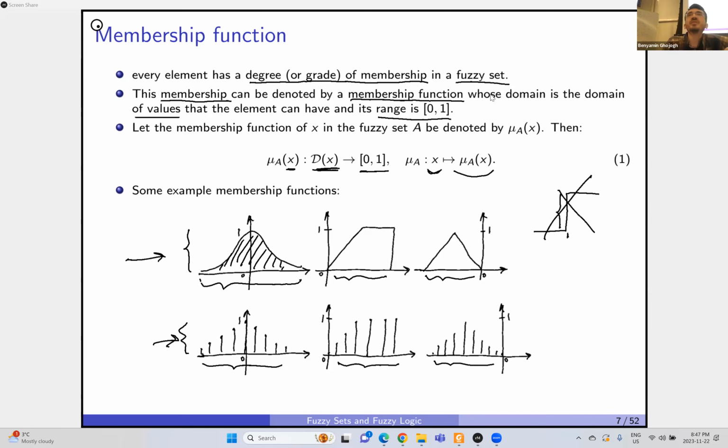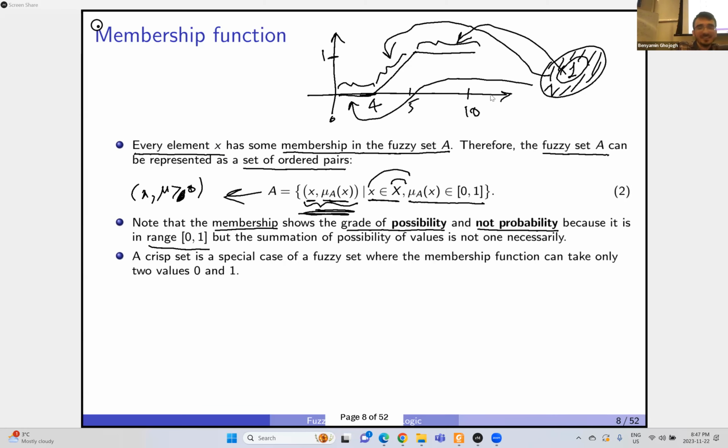It's not a probability density function. As a result, we say that it's possibility, not probability. Its maximum can go until 1, but they don't necessarily sum to 1. They are all between 0 and 1.